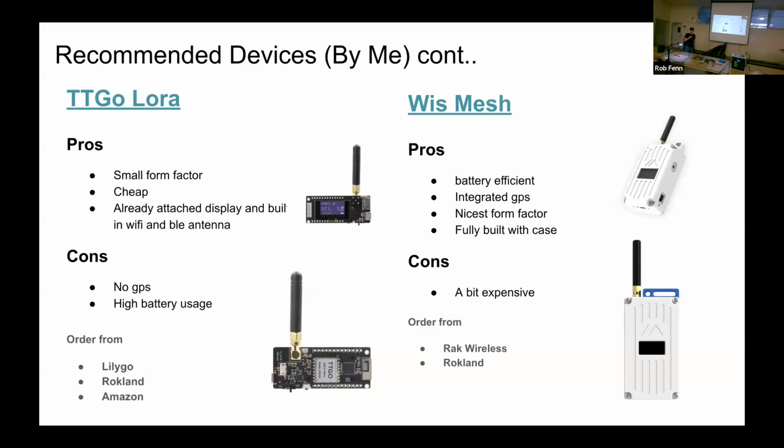It has the screen and GPS. I think it has an accelerometer, but I don't think the accelerometer is utilized in Meshtastic, so I don't know why they include it. It's battery efficient, with integrated GPS and a really nice form factor. You can use it in your hand, and it's fully built out. Cons: it's expensive, I think $80. And I think they're on pre-order, or they're selling them because they just released this.